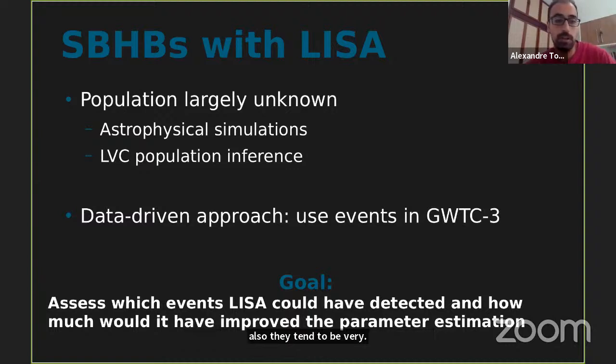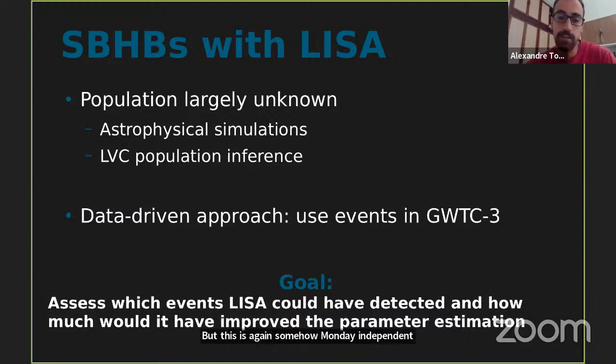There is no consensus yet on what to expect. We could also use the results from the LIGO-Virgo collaboration population inference, so use some of the models they have fitted against data for the population of stellar mass black hole binaries, but this is again somewhat model dependent.